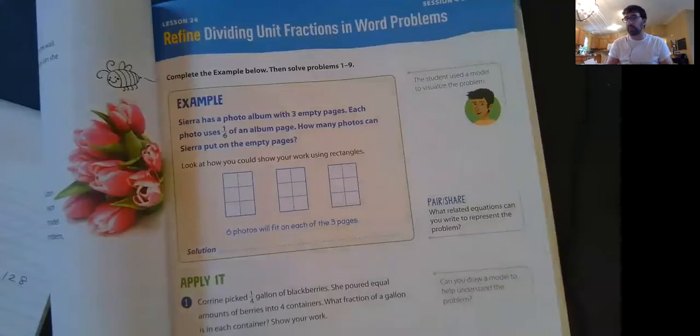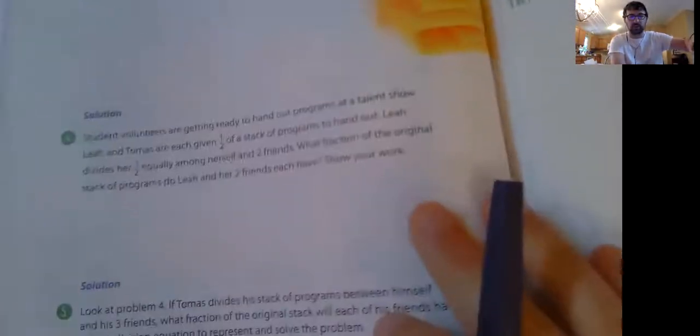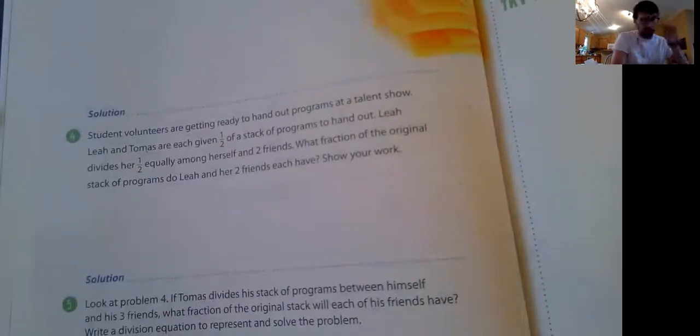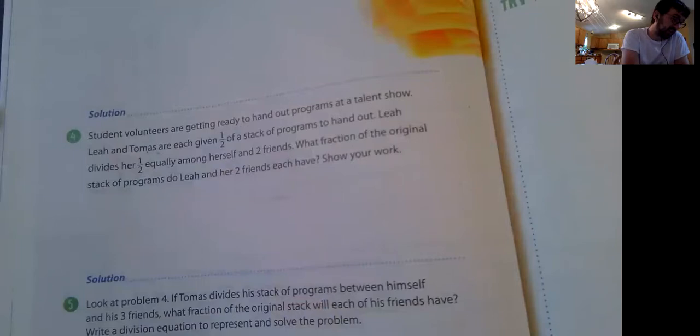Let's get to work. On 487 here, actually, should we go back and answer a few questions on 480 here? One question in particular I want to talk about, because multiple kids had questions about this problem. It says, student volunteers are getting ready to hand out programs at a talent show.